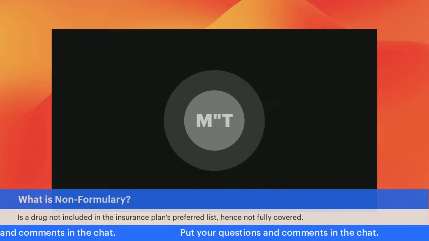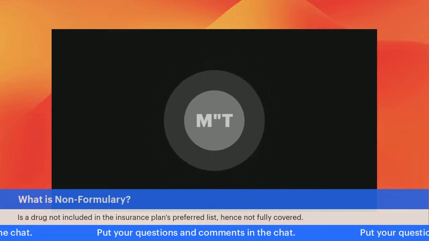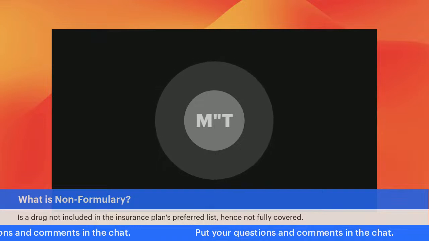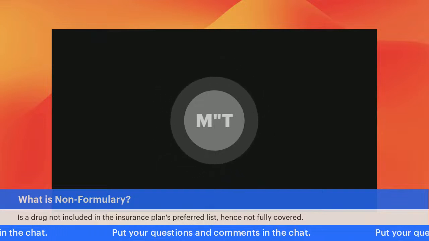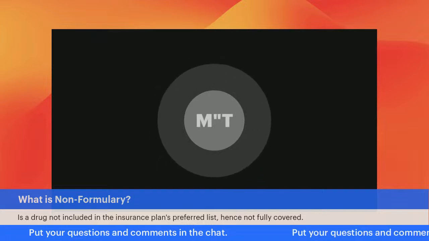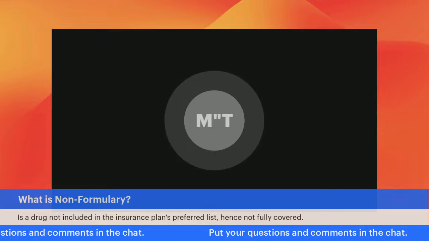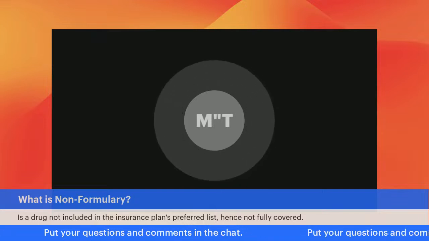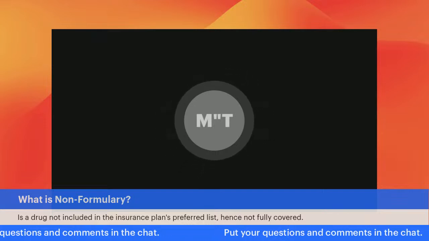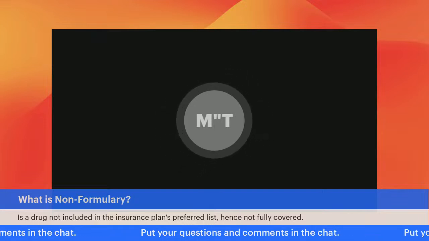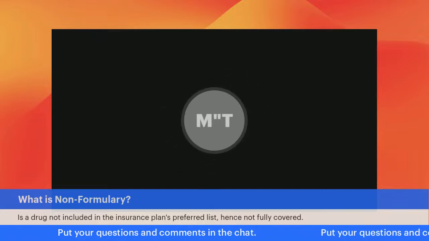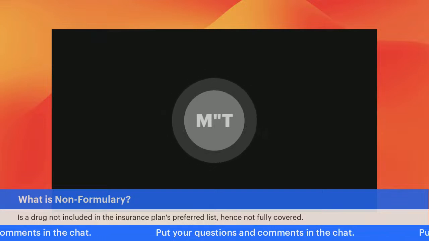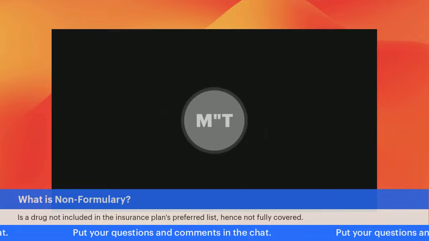So now, when we look at the non-formulary, so we see on the website or on the internet, Bertha, can you hear me now? When we look out on the internet, we look at all of these diabetic drugs, and the diabetic drugs truly, ladies and gentlemen, are formulary if you are truly a diabetic.